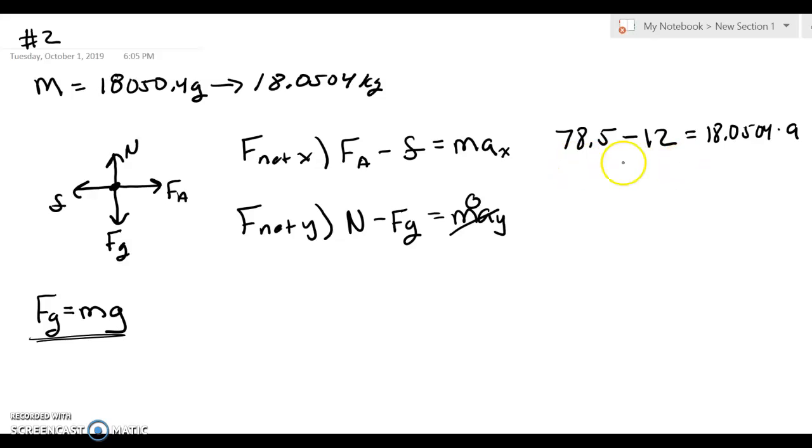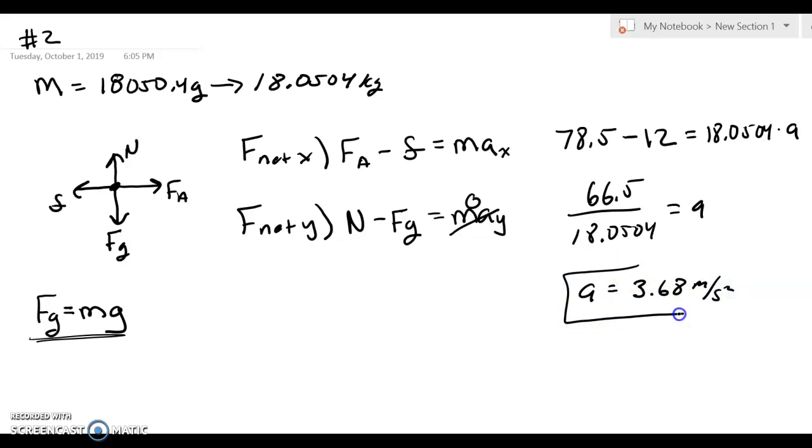So 78.5 minus 12 is going to be 66.5. Divide that by 18.0504 and we get our acceleration. Our box is accelerating at 3.68 meters per second squared.